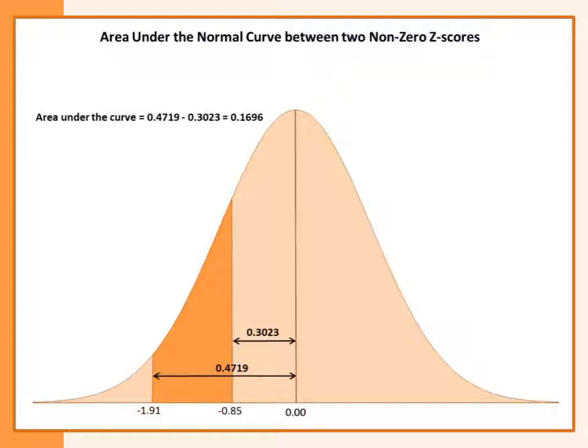Because we're interested in the area between the two z-scores, and they both fall on the same side of the curve, we'll subtract the smaller area from the larger area. So 0.4719 minus 0.3023 indicates that the proportion of the curve that falls between a z-score of minus 1.91 and minus 0.85 is 0.1696, or about 17% of the curve.